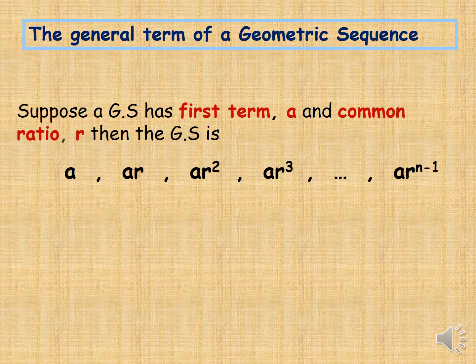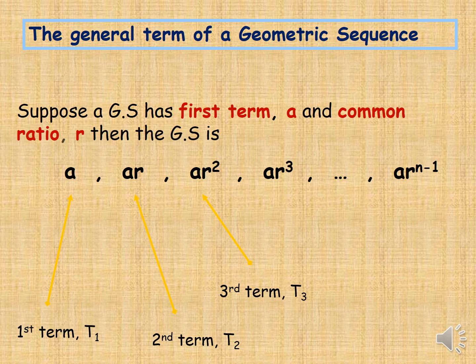The general term of a geometric sequence. Suppose a geometric sequence has first term A and common ratio R. Then the geometric sequence is A, the first term, AR, the second term, AR squared, third term, and AR to the power n minus 1 is the nth term.